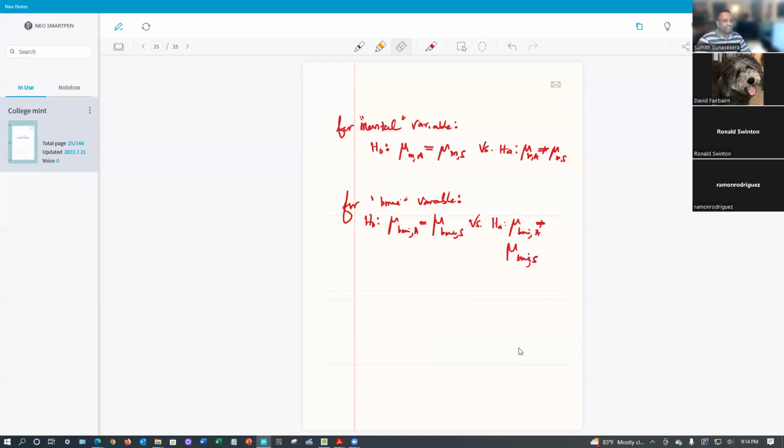You check the p value for this one. P value less than 0.001. Reject H naught. And for this one, the p value is also less than 0.001. That's the conclusion. Reject this H naught.